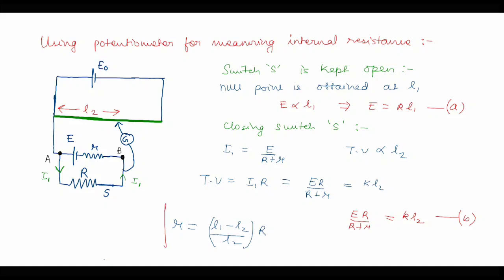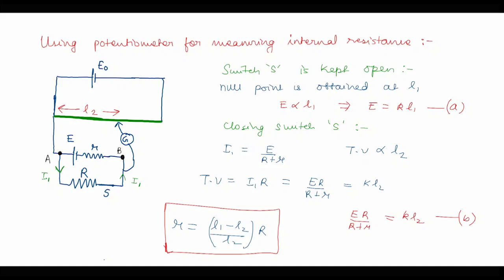Now we will find the two positions, L1 and L2, once when the switch is open and once when the switch is closed, and then on applying this formula, (L1 minus L2) upon L2 into external resistance R, we can calculate the internal resistance of the cell. And once you know the internal resistance of the cell, using the same formulation we can also find the unknown resistance capital R.